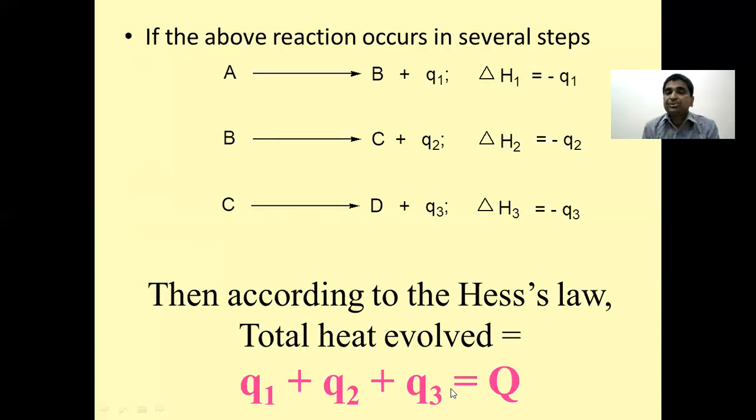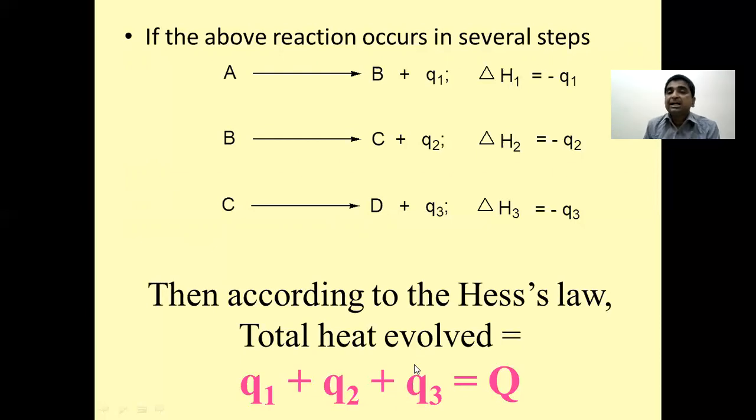Hess's law of constant heat summation is a practically proven concept. So the energy changes or the amount of heat absorbed or evolved during a process remain the same whether that process takes place in one or several steps.